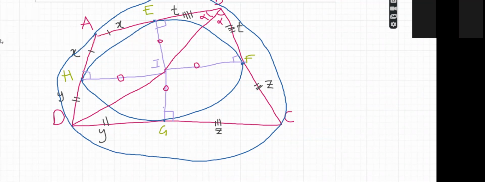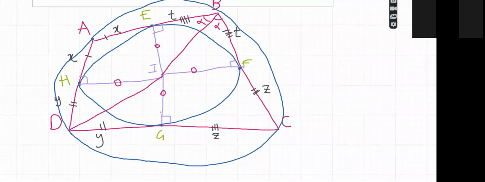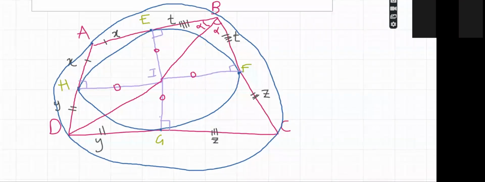Now, since ABCD is a cyclic quadrilateral, we have the opposite angles ABC and ADC are supplementary, so they add up to 180 degrees.